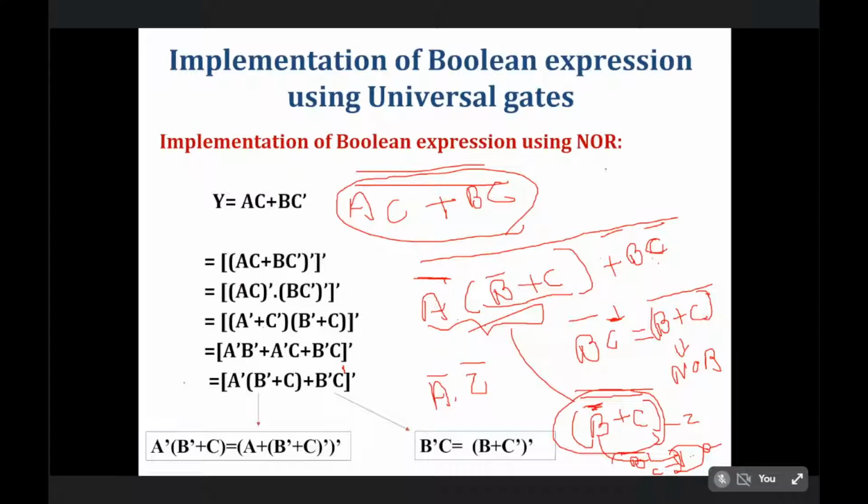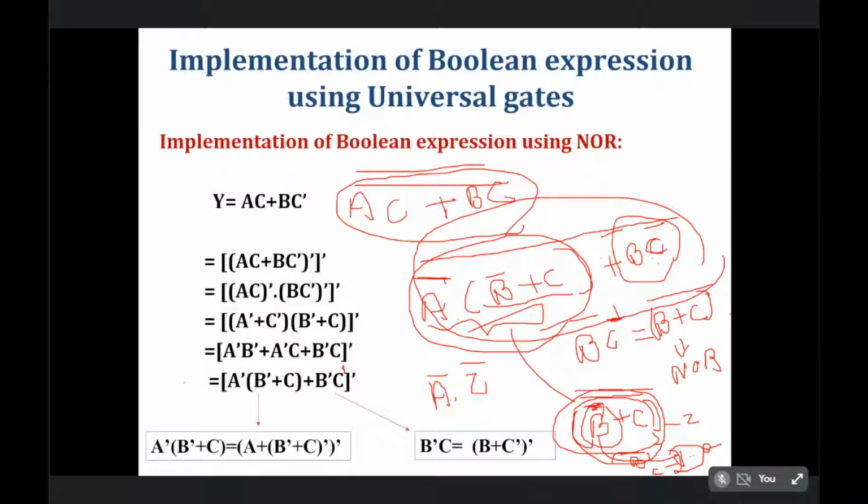For the B dash we need one NOR gate, and for this thing we need one NOR gate, that makes 3. For this thing we need one NOR gate, 4, and the whole thing will require one more NOR gate. So 5 NOR gates are required here.